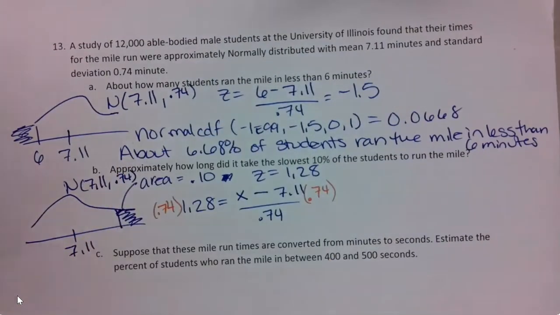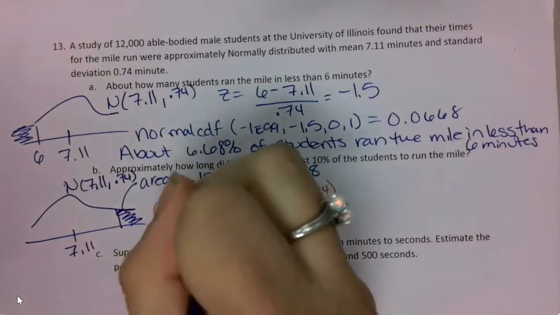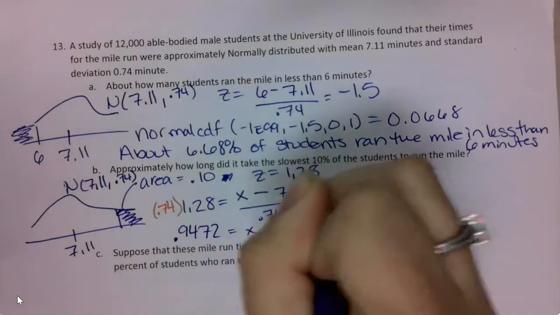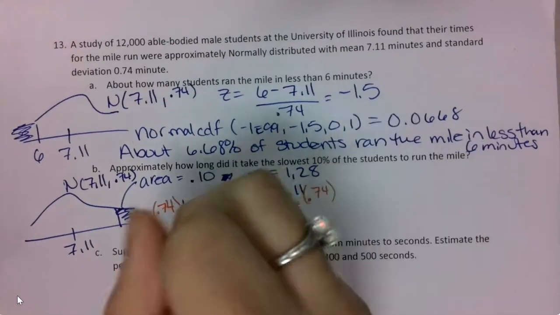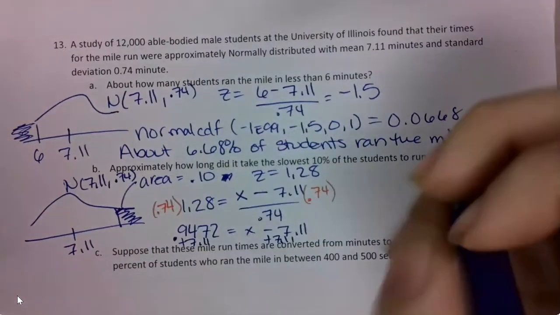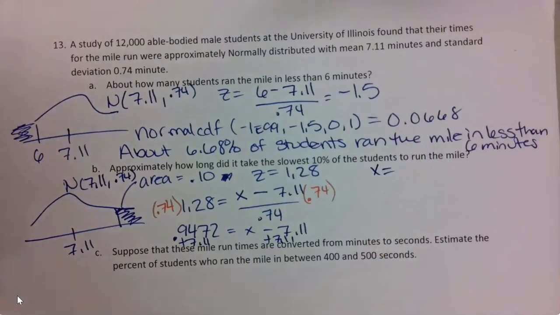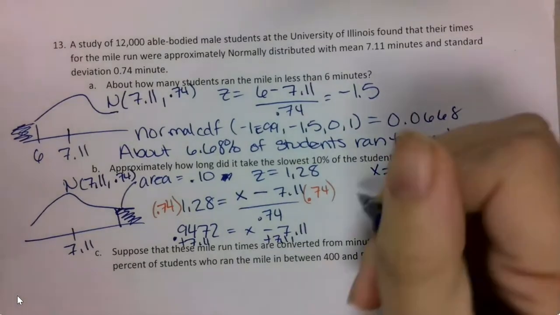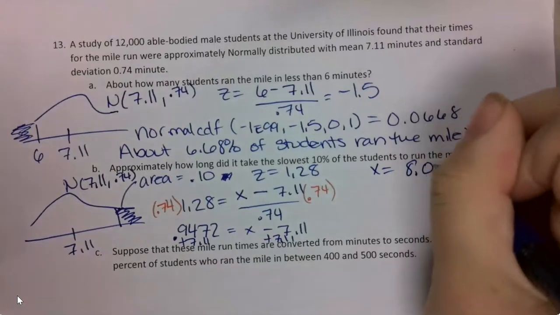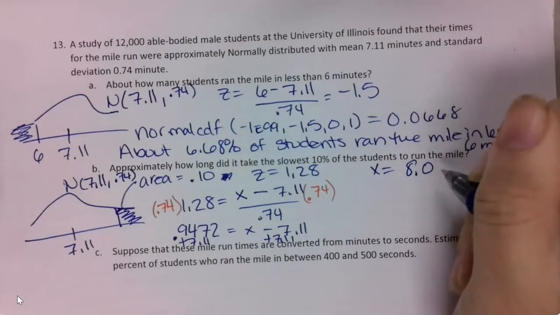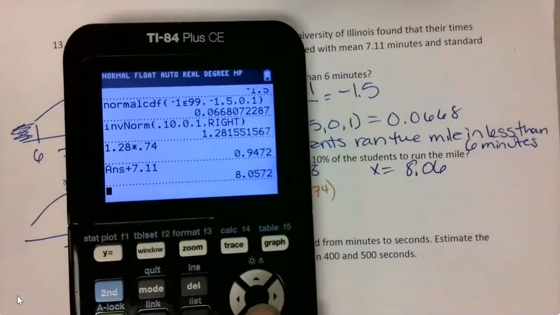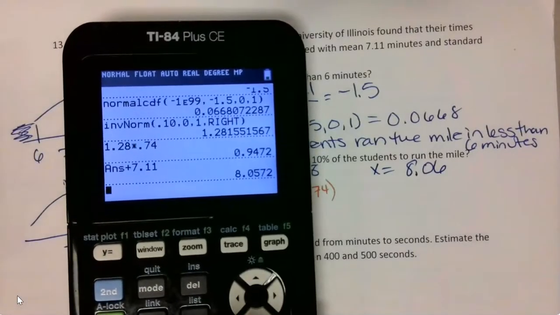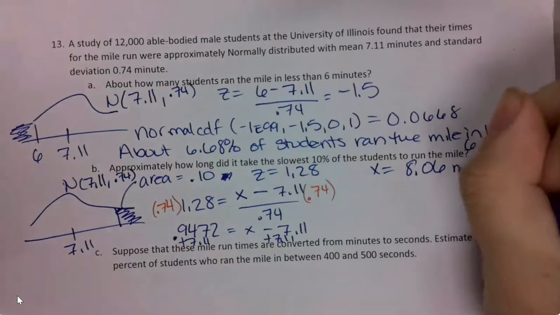That is going to give me 0.9472 equals x minus 7.11. Then I want to add the 7.11 to both sides. And I get x equals 8.0572. I'm going to round to 2 decimal places because they gave it to me in 2 decimal places, so it rounds to 8.06. This was measuring in minutes.